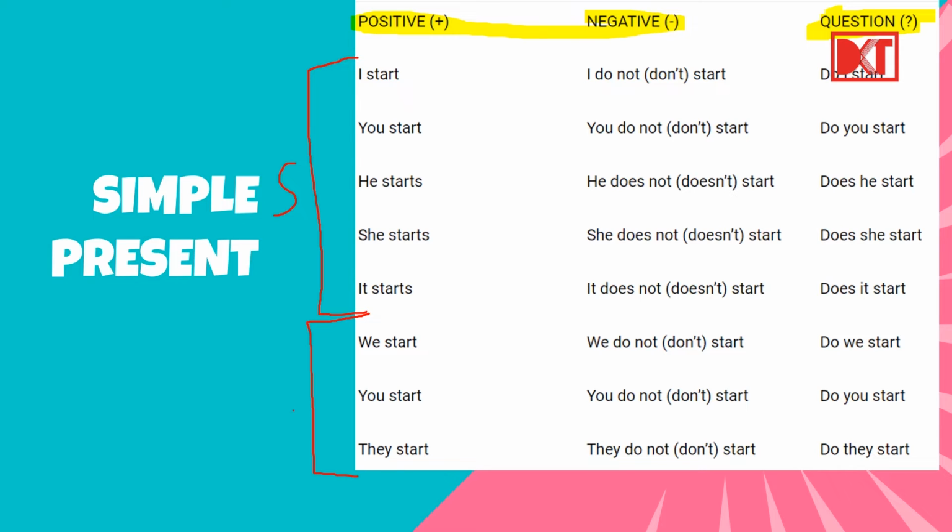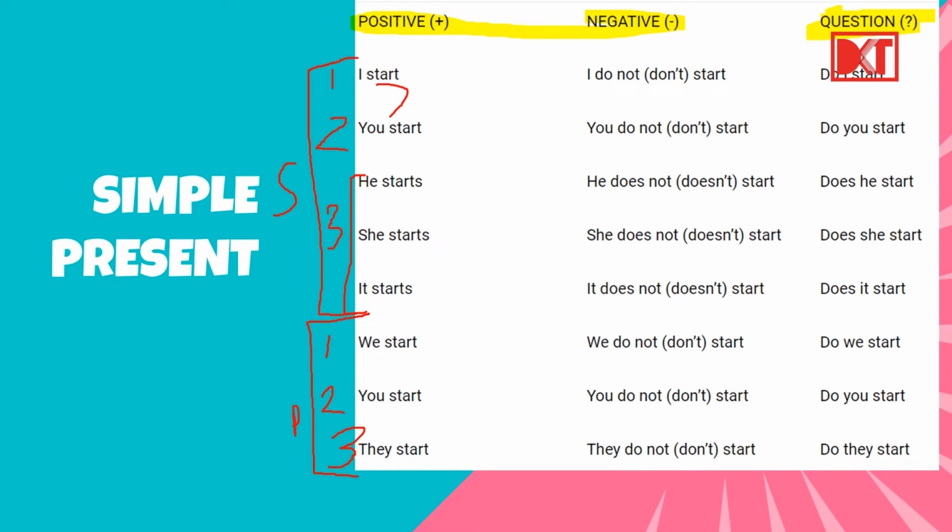All these are plural. Then I, first person. You is second person. He, she, it. All these are third person. We is first person. You is second person. They is third person.